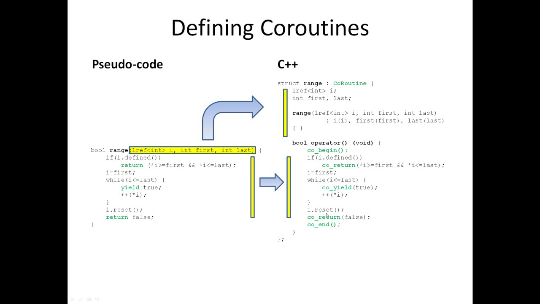Therefore, at the very end, we revert back the value of I to its originally undefined state. This requirement to undo any side effects is not essential for coroutines, but essential for relations. So this is the only real difference between coroutines and relations in C++.